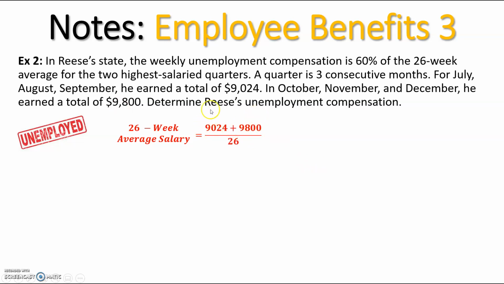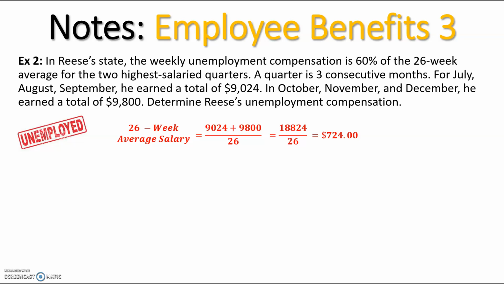So to get the 26-week average, we're going to add the first 13 weeks and the second 13 weeks, for a total of 26 weeks' worth of salary. So we have $9,024 plus $9,800 divided by 26, which gives us $18,824 divided by 26 weeks. We can then see, on average, he was earning $724 a week.